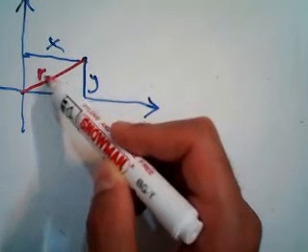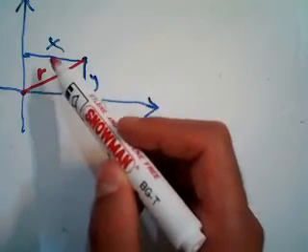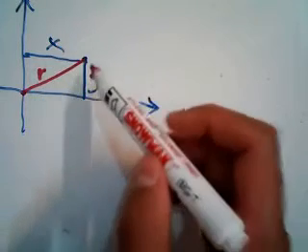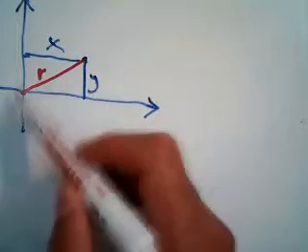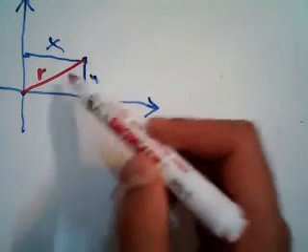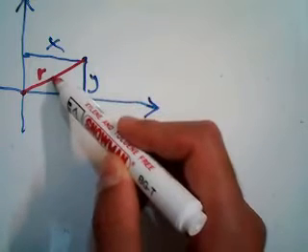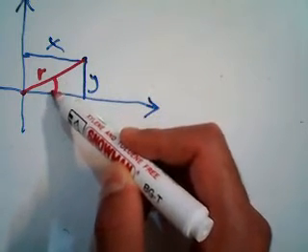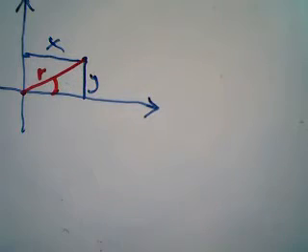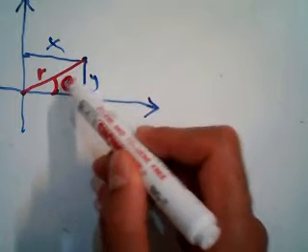The origin here we call the pole. Okay, and another coordinate is the angle, this angle, which we show by theta.